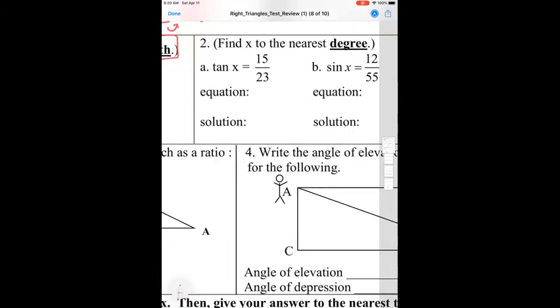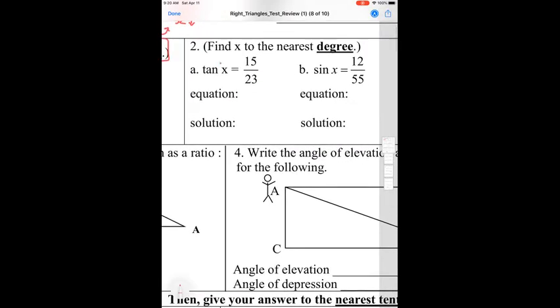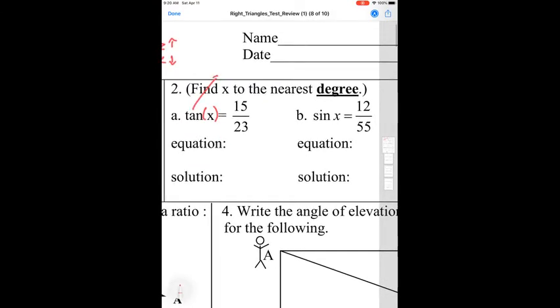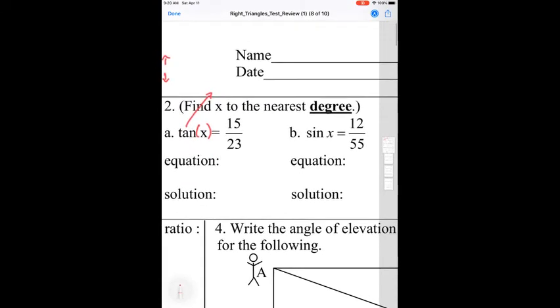Now for this one, remember, x is inside my function, so somehow I've got to get rid of this tan. And so the equation that I'm going to use is the inverse. I'm actually going to work it out one time for you guys up here. So what we have is tan of x equals 15 over 23.